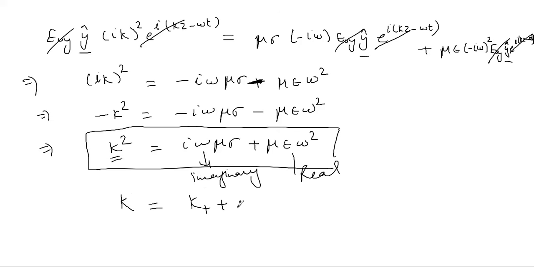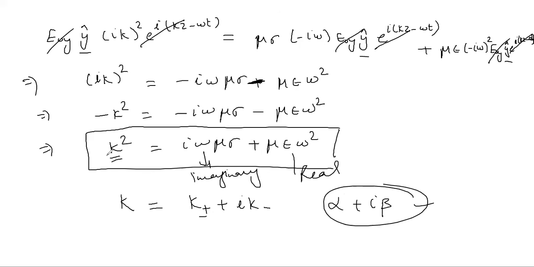That means this has to be equal to this one. There is no preference for writing k plus and k minus. You can simply write it alpha plus iota beta also. That is also absolutely fine. There is no reason I'm writing here the subscript plus and minus. Just because I'm writing it in terms of k, that's why I'm writing here plus and minus. But you can take any term here.